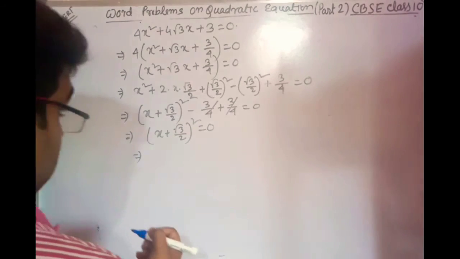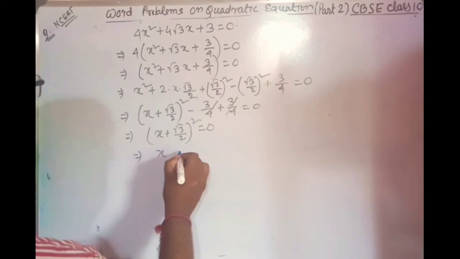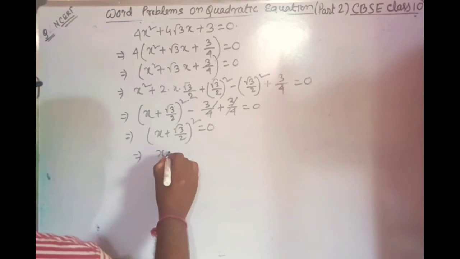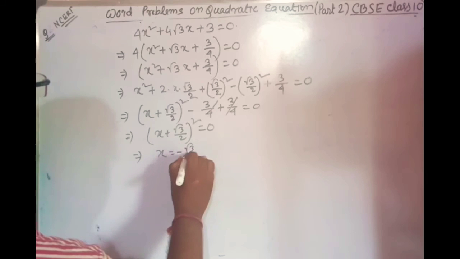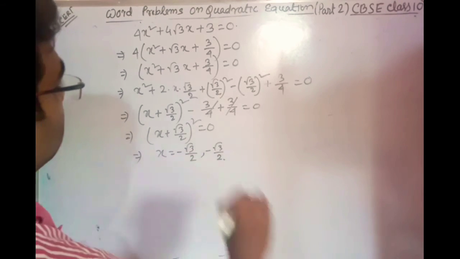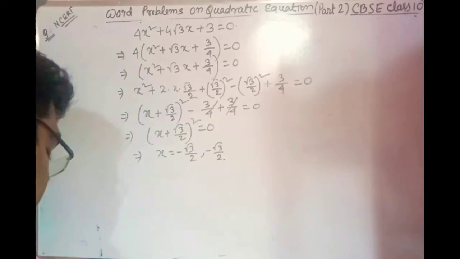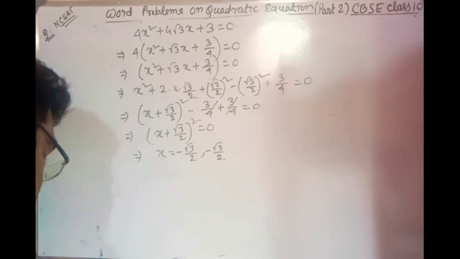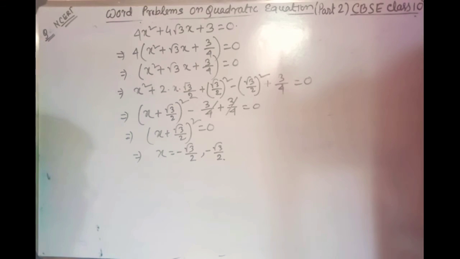That means x equals minus root 3 by 2, minus root 3 by 2. So the value of x is minus root 3 by 2. Hope you are able to understand it.